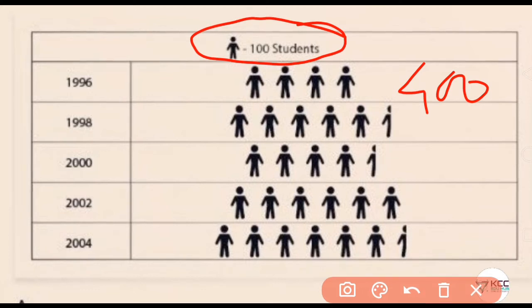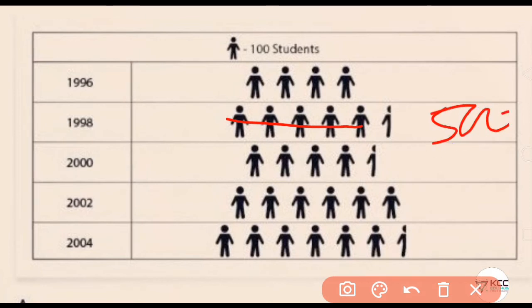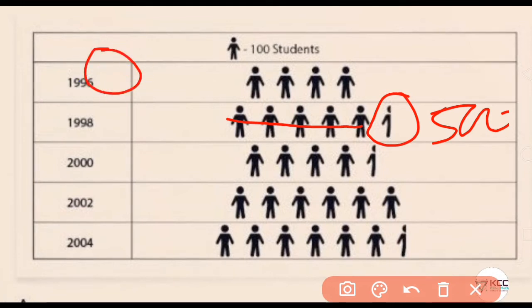535. Now here a small problem comes up: how do we show 535? So what we do is use 5 symbols for 500, and this one we cut in half.